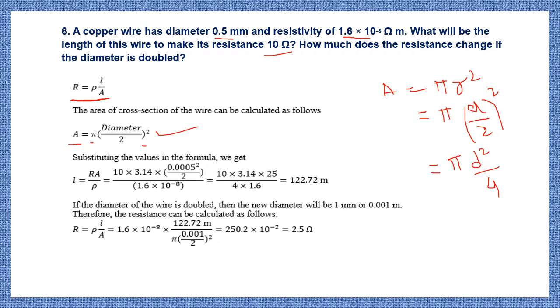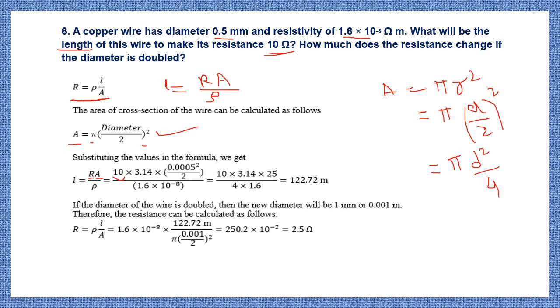What will L be? L will be R A upon rho. Okay, at first we have to find out the length. So we will substitute the values. The value of R is 10. From where? It is given over here.